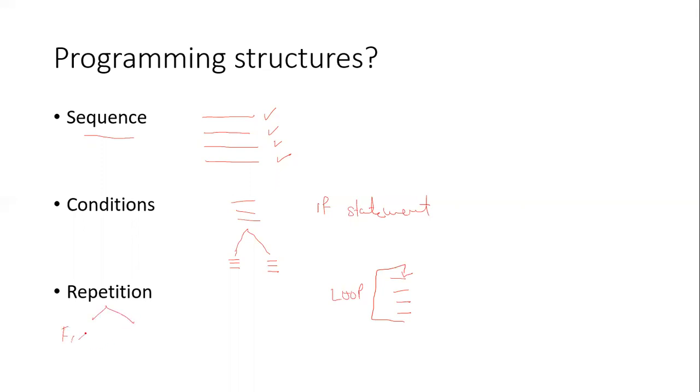One is called fixed repetition. We know how many times the repetition is going to take place. And the other is conditional repetition, where we are not sure of how many times the repetition will execute. It stops when a particular condition is met. In this video, our focus is going to be on fixed repetition.